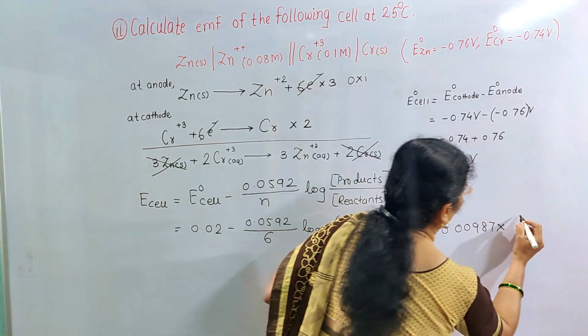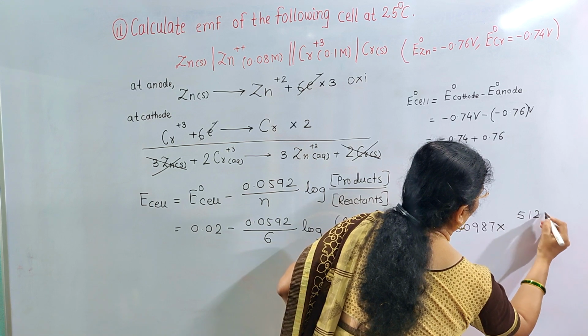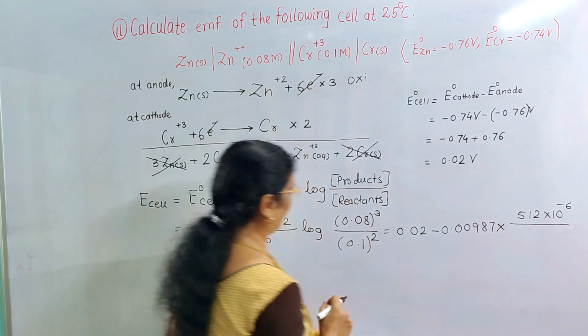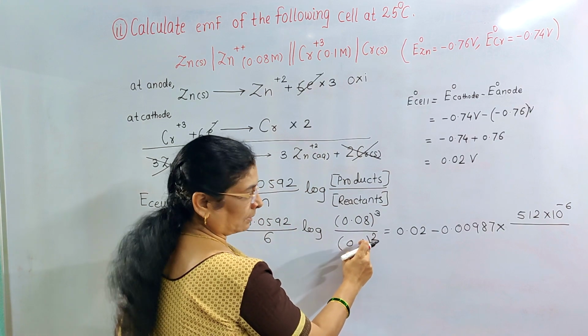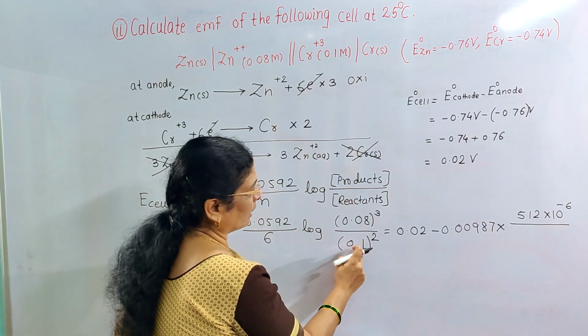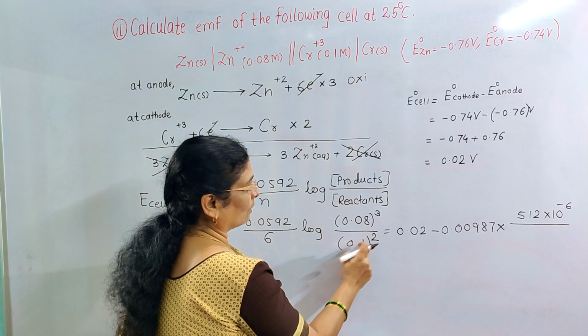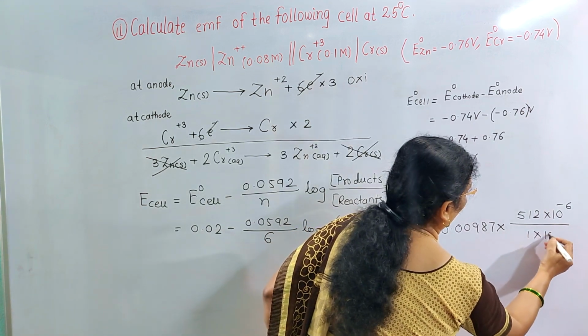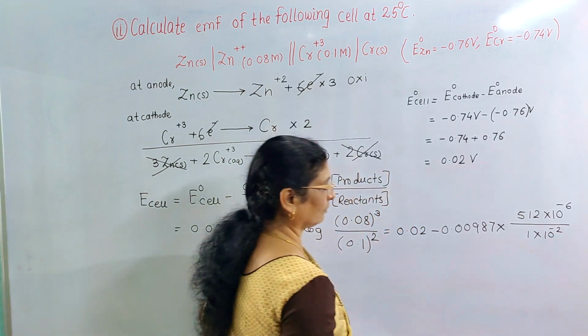So this will be 512 into 10 raised to minus 6 divided by 0.1 raised to 2, that is 1 into 10 raised to minus 1 whole raised to 2, that is 1 into 10 raised to minus 2.